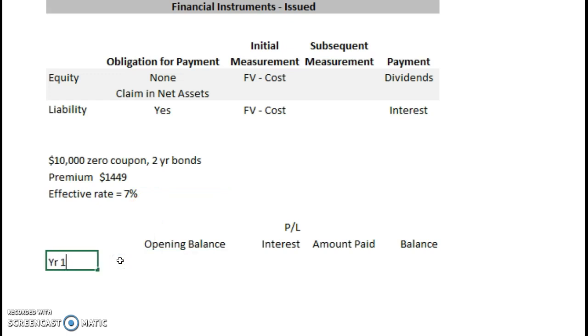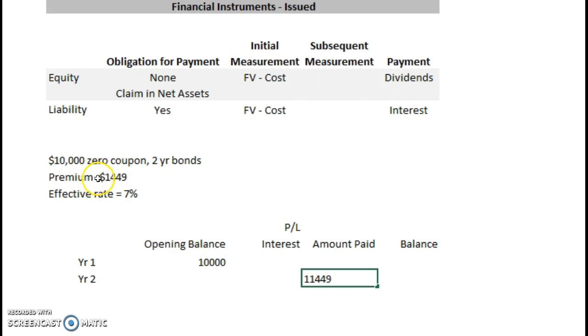Let's just stick in some years here. Year 1, year 2. And the opening balance on the account is £10,000. So that's quite easy. And we know at the end of the period, the amount paid will be 11,449.